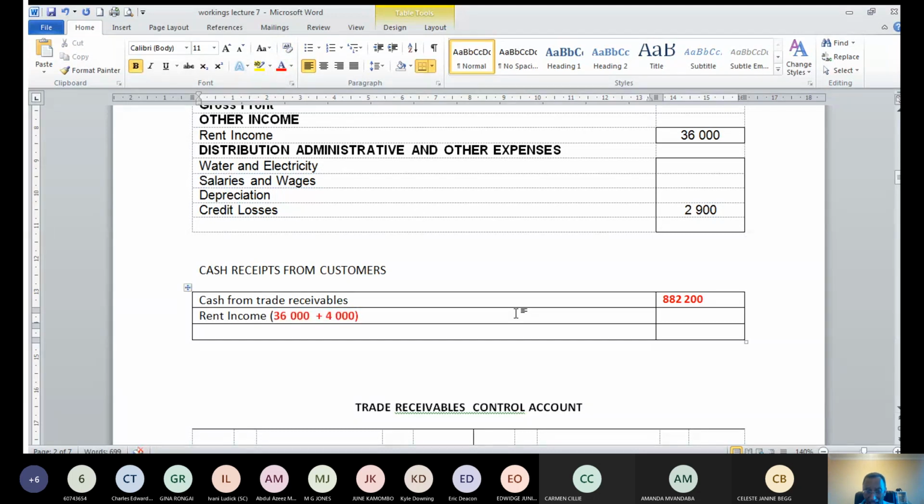So we received the 36,000 Rand and we received the 4,000 Rand. Therefore, from rental income, we have received 40,000 Rand. And if you want to calculate now, what is the answer for note number one, which is the cash receipts from customers? Your cash receipts from customers is the amount of 922,200 Rand in this example.